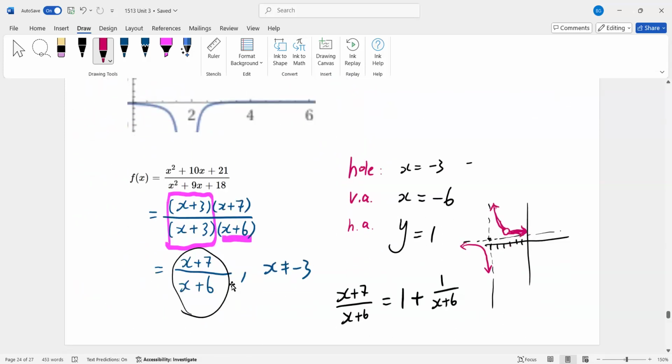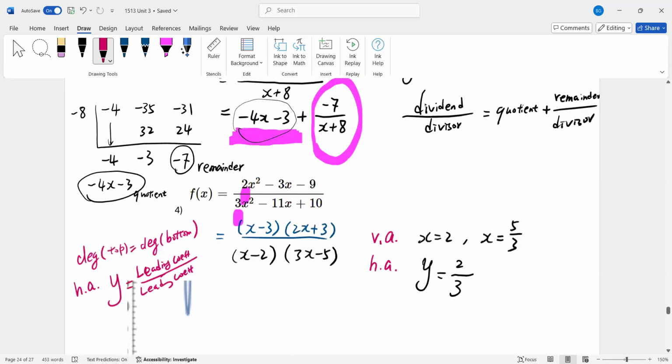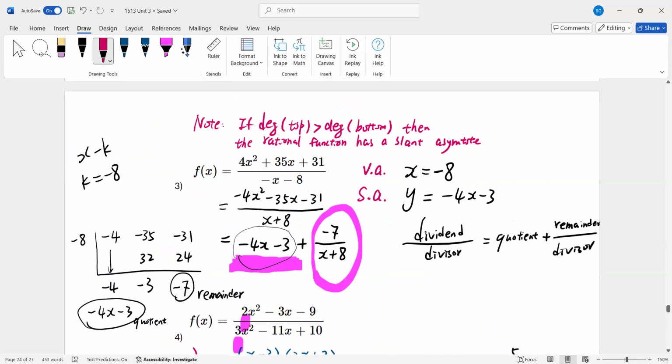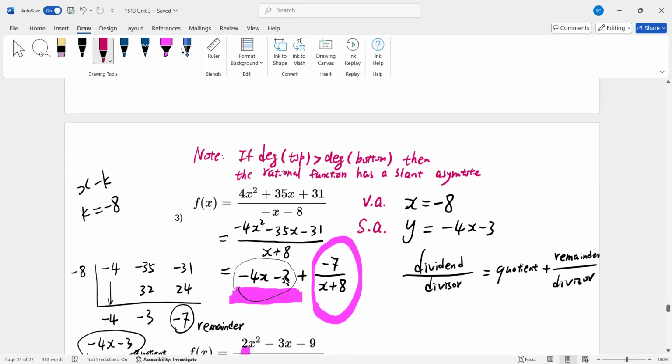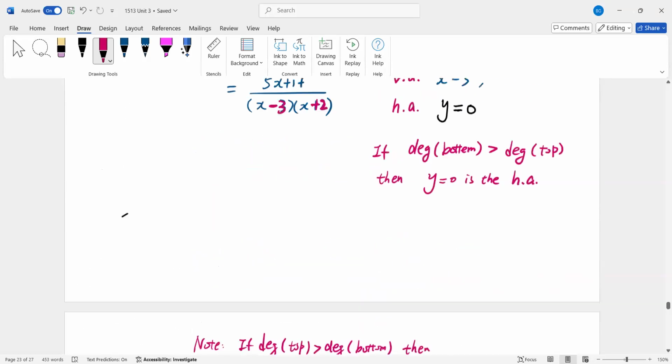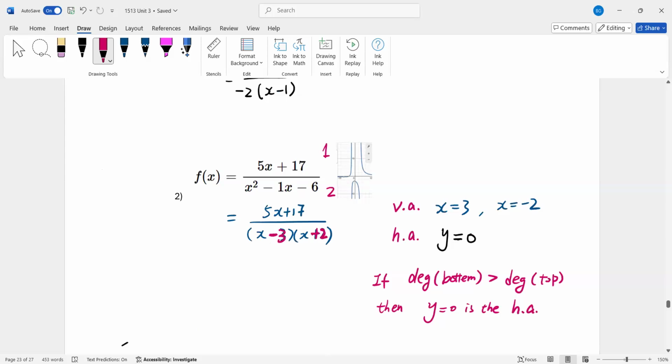And this one, 1/1, y equals 1. If the numerator has degree less than the degree of the bottom, like this one, the numerator has degree 1, denominator has degree 2, then the horizontal asymptote is the x-axis, y equals 0.